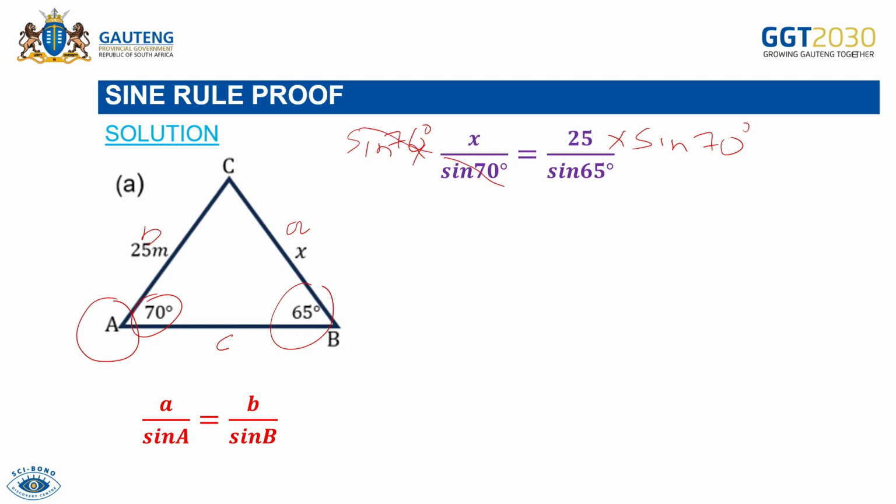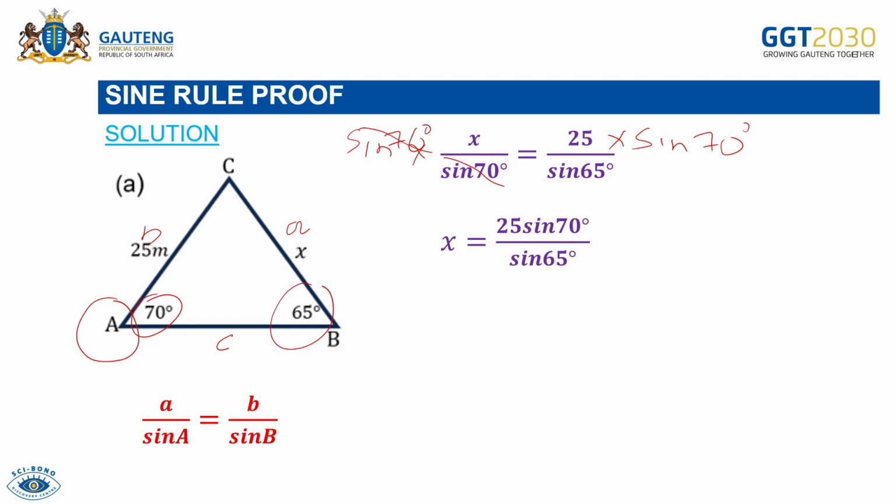Then you'll get your x is free now. So our x is going to be 25 multiplied by sine of 70 degrees, divided by sine of 65 degrees. The rest is calculator work.